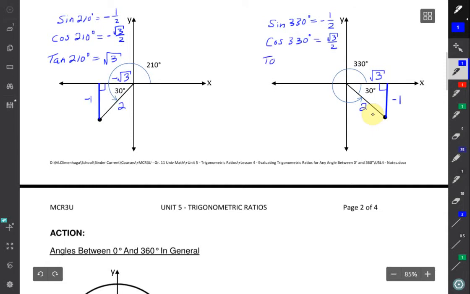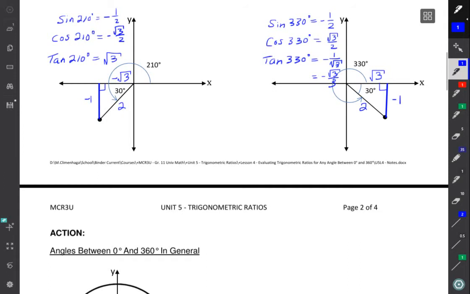The tan of 330 degrees is equal to the opposite over the adjacent, that's negative 1 over root 3. Rationalizing that, we end up with negative root 3 over 3.